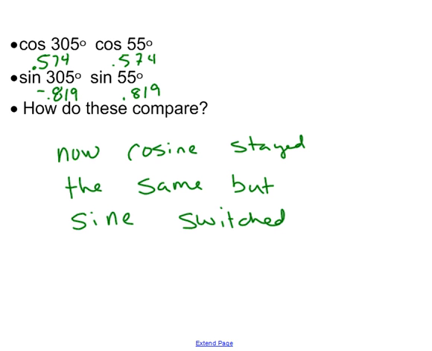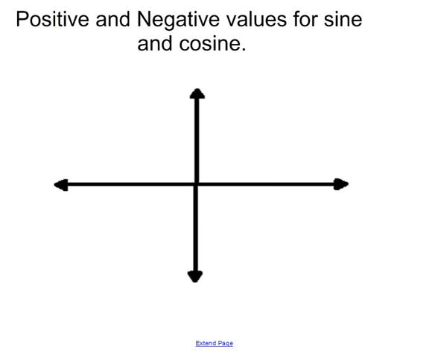So before, cosine switched and sine stayed the same, but now cosine stayed the same and sine switched. So let's look at all four quadrants and put these together. All right, so sine and cosine are both positive in the first quadrant. In the second quadrant, I'm going to put cosine here and sine here.